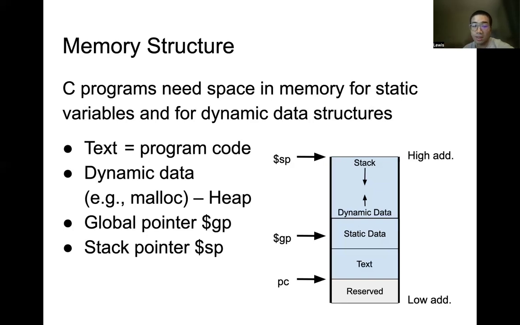And more interestingly, in C we have this idea of dynamic data because it allows the programmer to directly handle memory usage. So for example, we can use malloc to get more memory for our data structure. That's where the dynamic data part, which is called the heap, comes in. And then we can use free to release memory space.